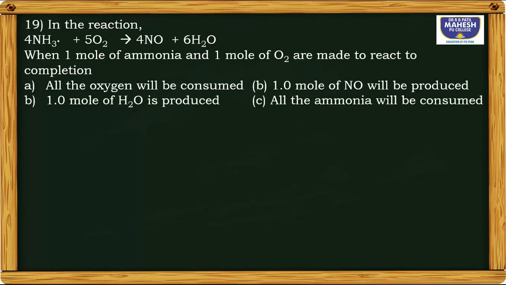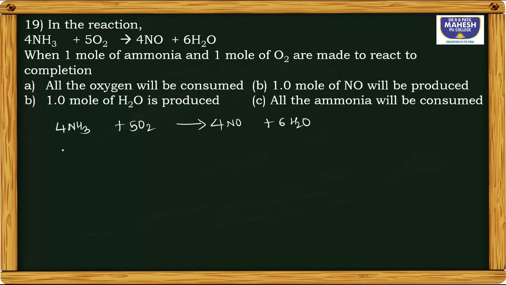Question number 19. In the reaction, 4 ammonia reacts with 5 O2 to form 4 moles of nitrogen monoxide and 6 moles of water. This is the Ostwald process of preparation of nitric acid, first step. So here when 1 mole of ammonia and 1 mole of oxygen are made to react completely.